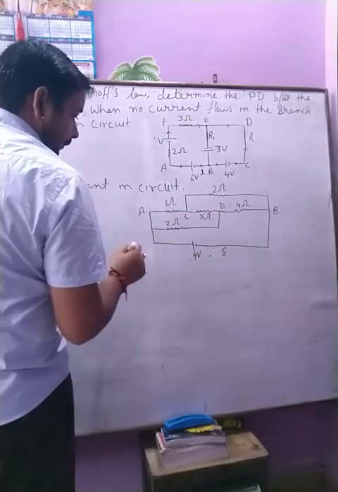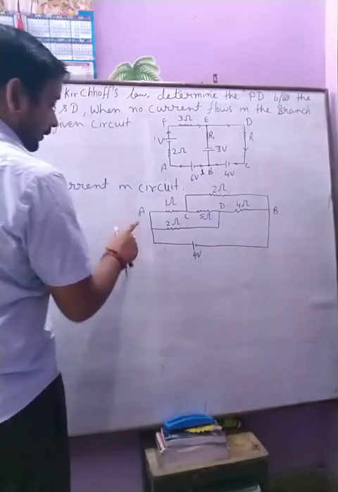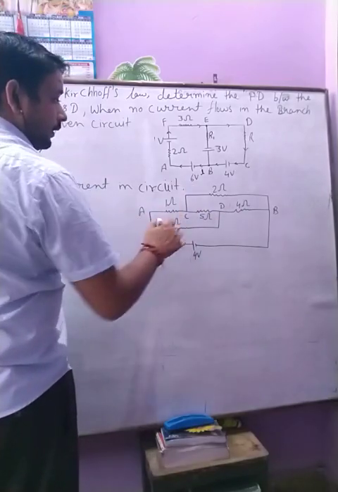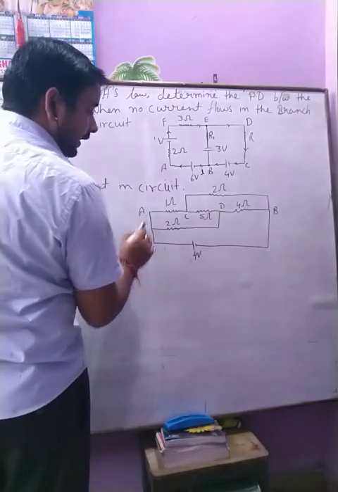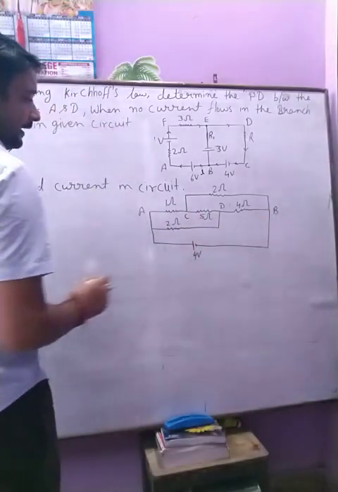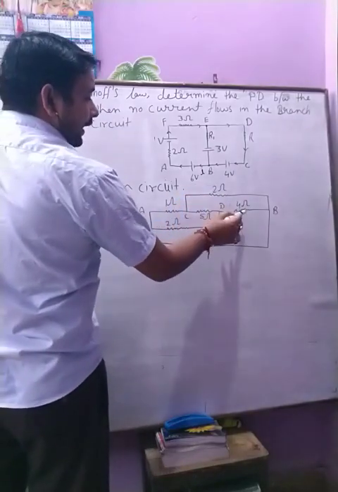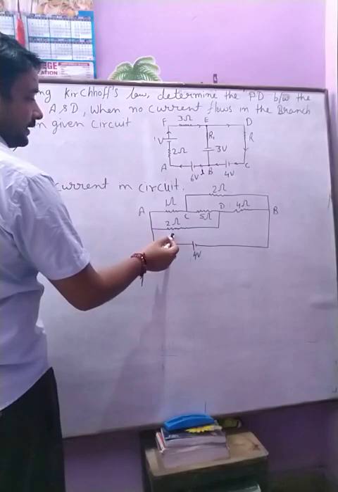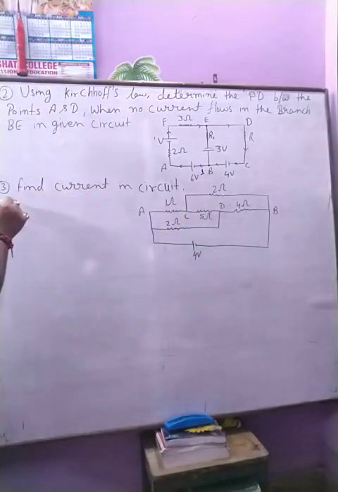So students, one diagonal of the circuit is A to B and second is C to D. So 2 ohm and 4 ohm in series and 1 ohm and 2 ohm in series, and this is the mid diagonal.